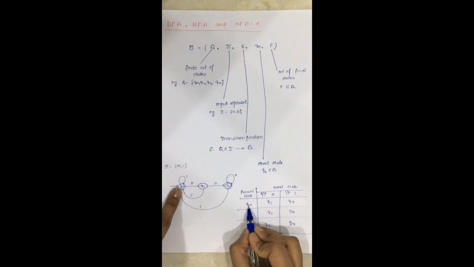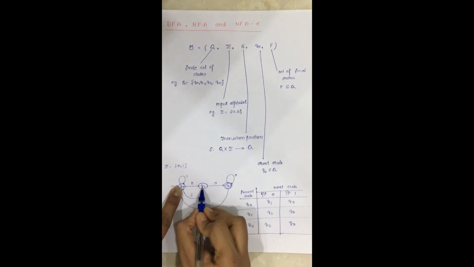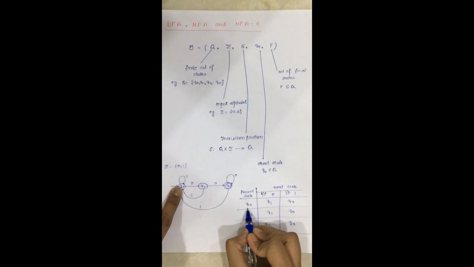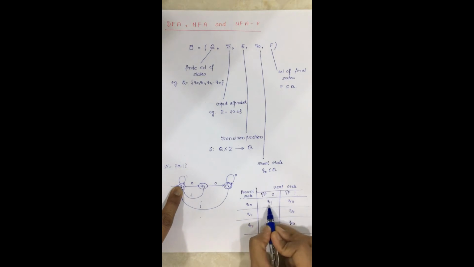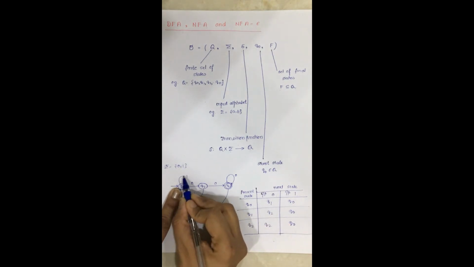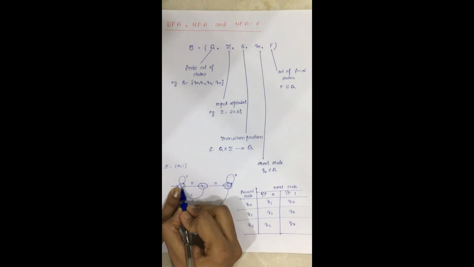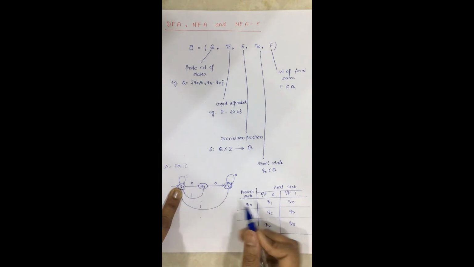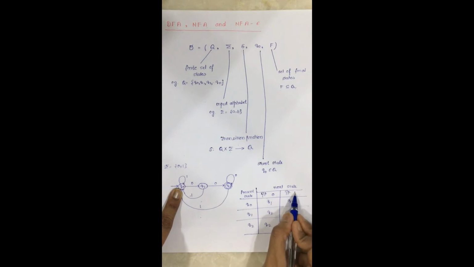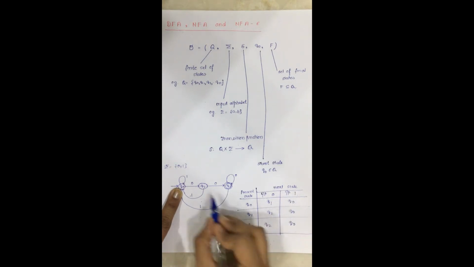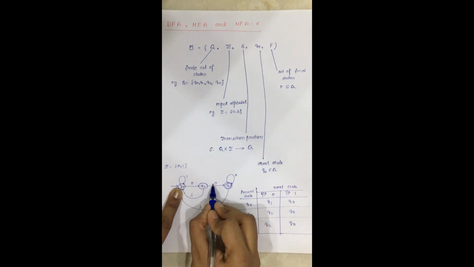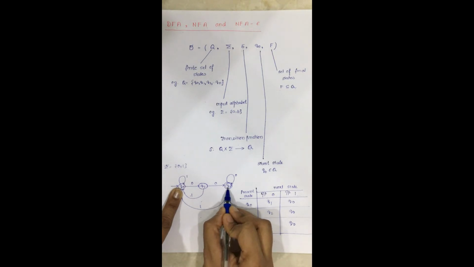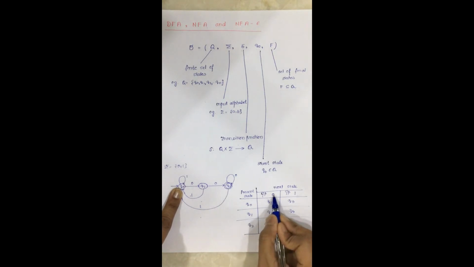At Q0 for input symbol 0, the next state is Q1. At Q0 for input symbol 1, the next state is Q0 due to the self loop. At Q1 for input symbol 0, the next state is Q2.